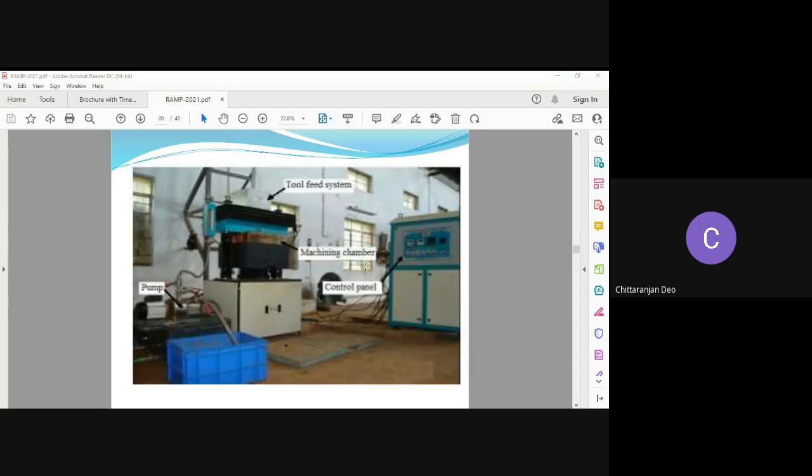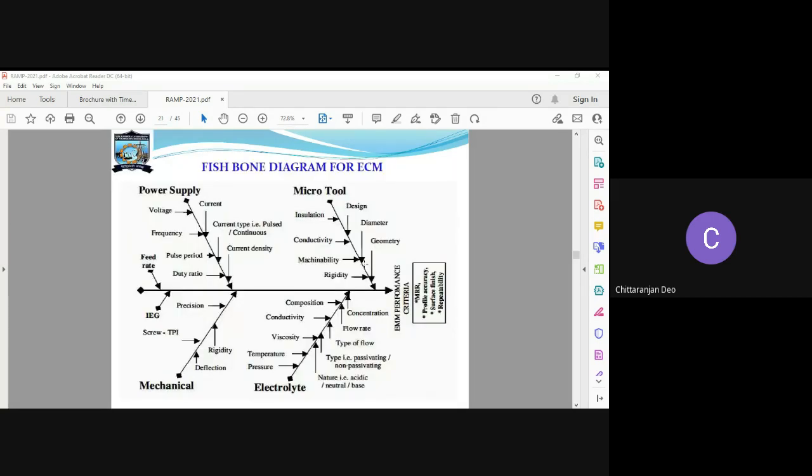So this is the fishbone diagram of the ECM, and the parameters are mentioned.